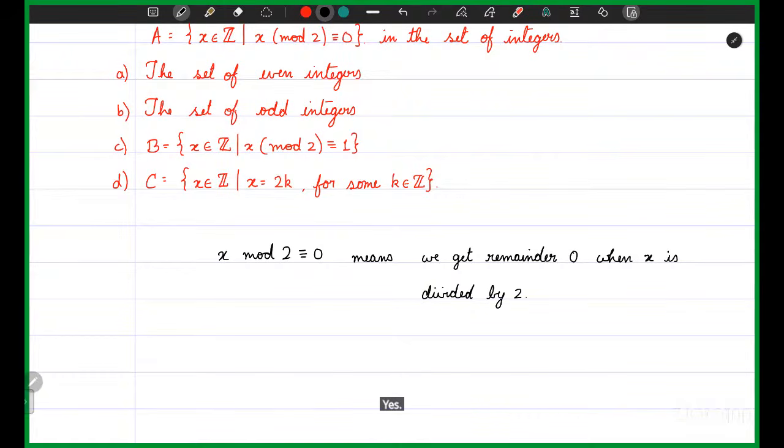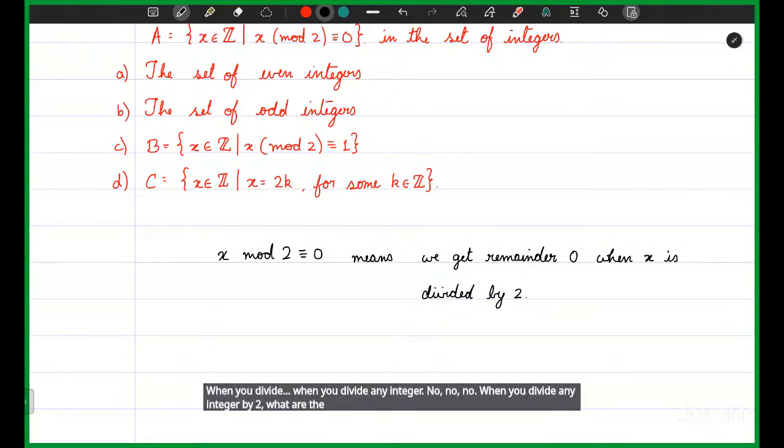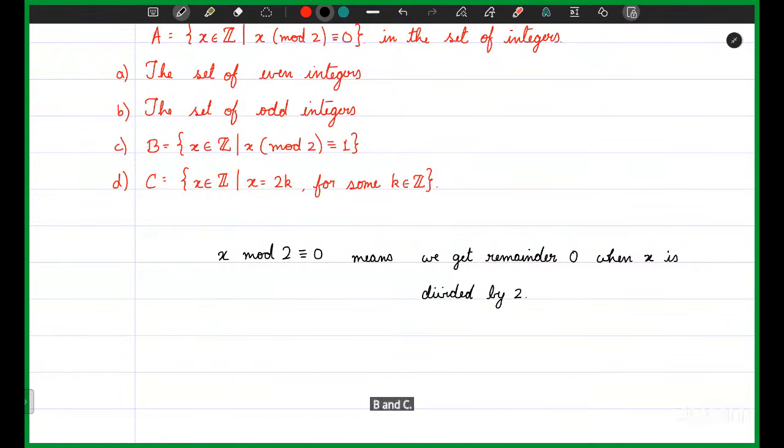What sort of integers give 0 remainder? When you divide any integer by 2, what are the possible remainders? 0 and 1, right?